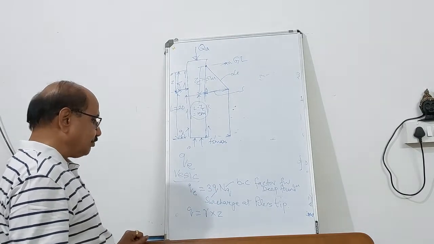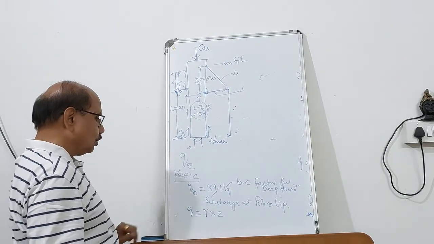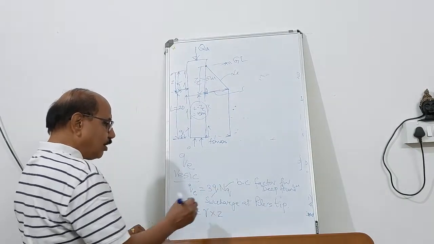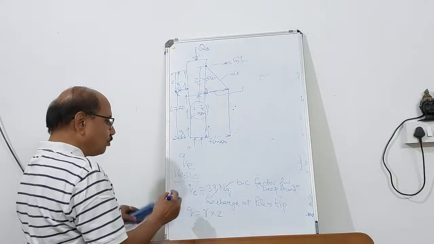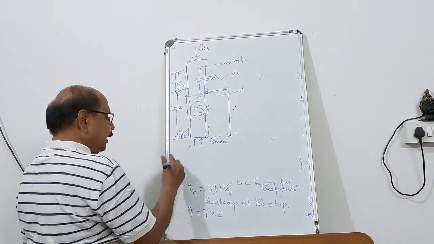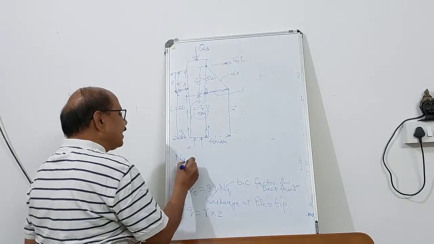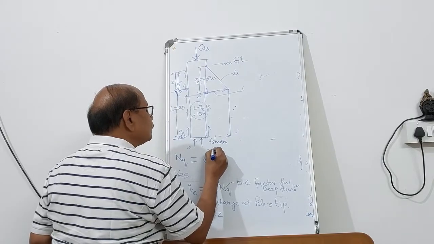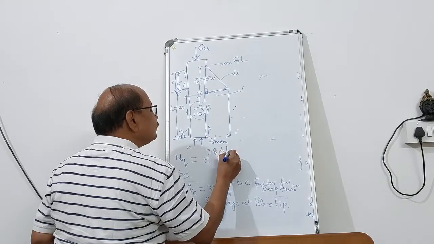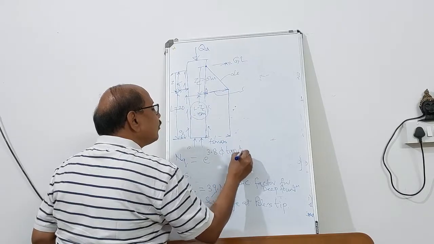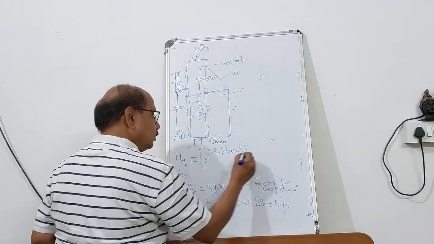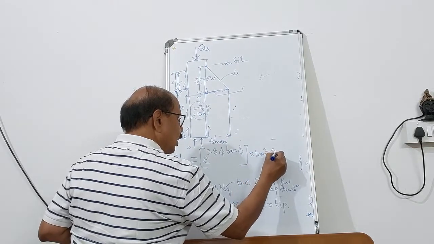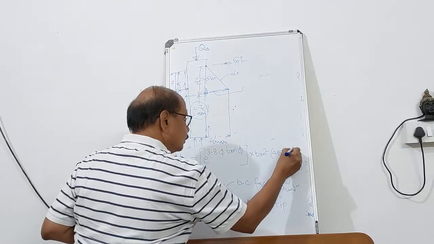NQ, the bearing capacity factor, equals e raised to 3.8 phi tan phi, multiplied by tan square (45 plus phi by 2).